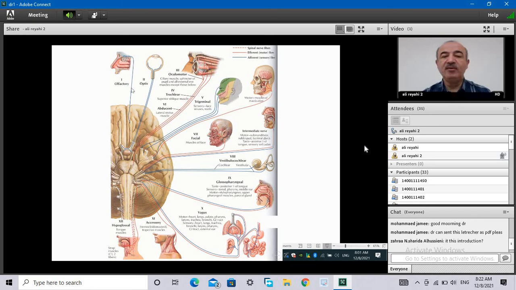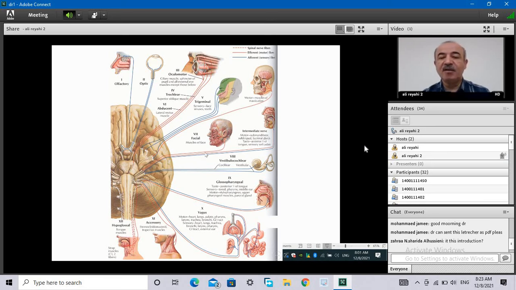The blue color indicates the sensory fibers, and the red color indicates the motor fibers. Some cranial nerves contain only sensory fibers, and some contain only motor fibers.